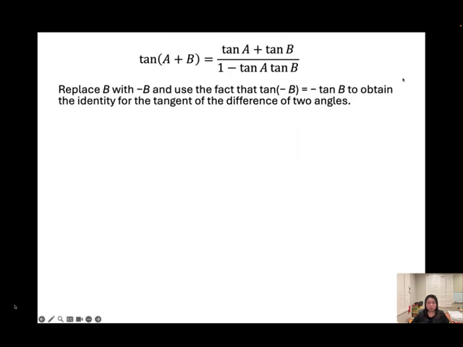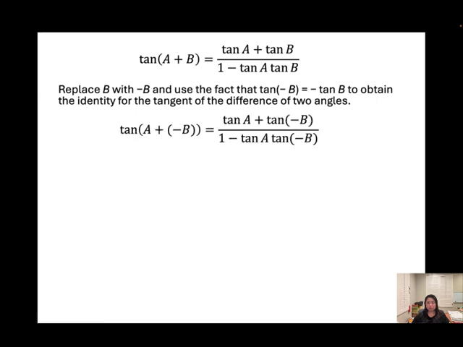Now we want to find the difference for the tangent. So we're going to replace B with negative B. Do it one by one.